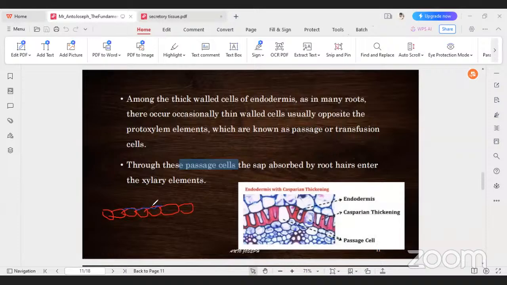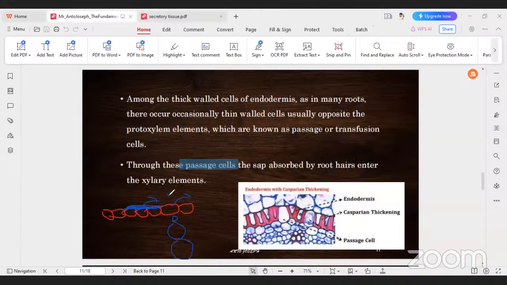This thick-walled layer is made of suberin. These suberin chemicals are called Casparian bands. But here there are no Casparian bands. These are called passage cells. Opposite the passage cells, xylem cells are formed. Here, xylem cells.